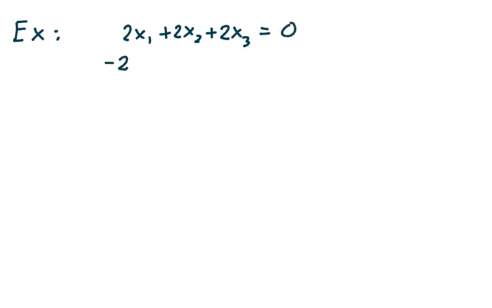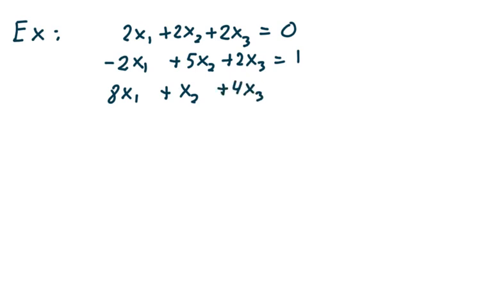And then negative 2x1 plus 5x2 plus 2x3 equals 1. And 8x1 plus x2 plus 4x3 equals negative 1.